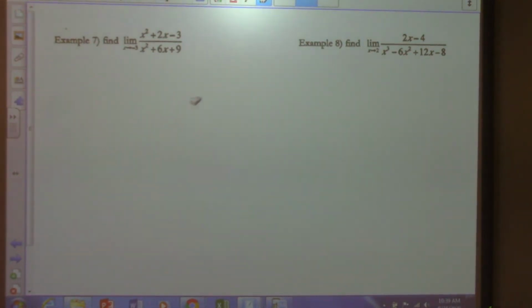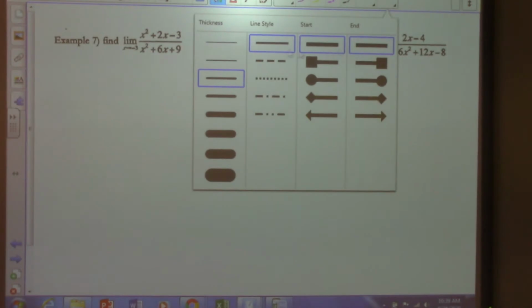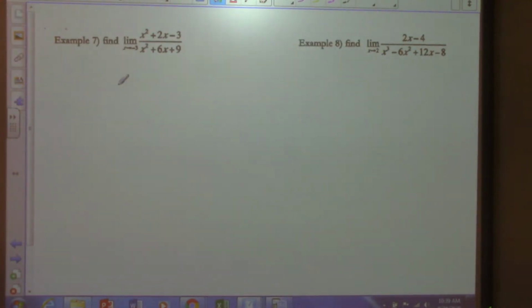Okay, let's go look at example 7. Here you have the limit as x approaches -3 of two quadratic trinomials. So the first thing we'll do is try to plug in -3.